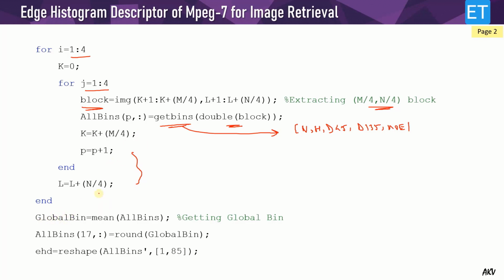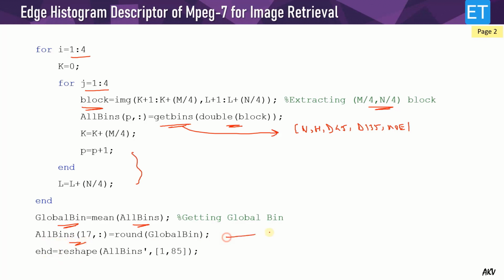Then in the last, when all the 16 bins are calculated, they are arranged in this matrix. To find the global bin, as I said, we take a column wise mean of this variable allBins. It will compute the global bin, and then we are appending that matrix with this global bin. So in the last we are attaching this global bin to allBins.